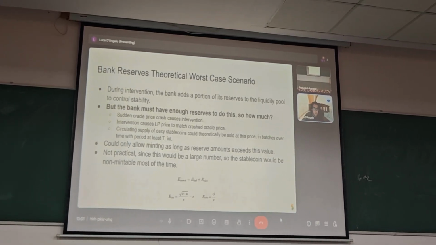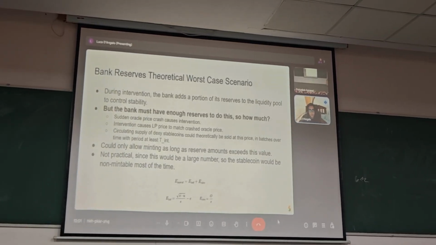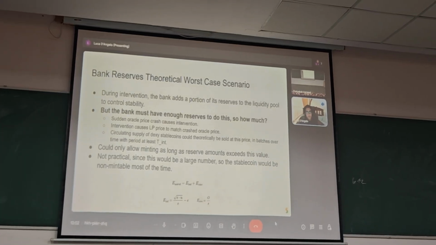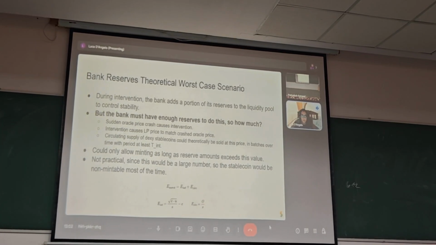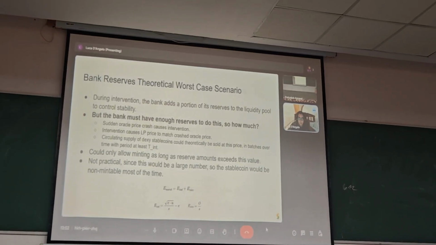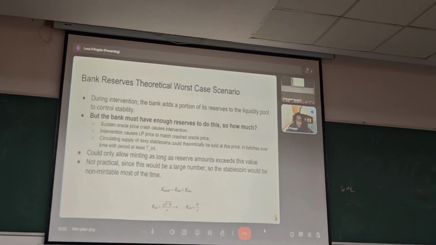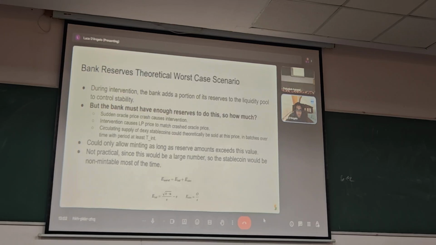Intervention then causes the LP price to match the oracle price, and so theoretically, the circulating supply of Dexy stablecoins that's not in the liquidity pool could be sold at this new lower price.